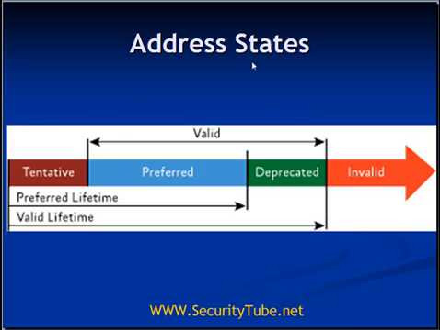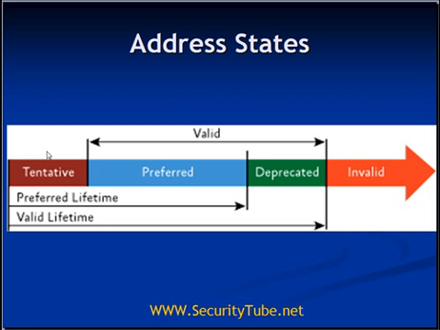Broadly, these address states can be classified into four parts: tentative state, preferred state, deprecated state and invalid state. When is the state called tentative? When just the IP address is assigned to the interface and it is in the process of being verified as unique, the address is called a tentative address.